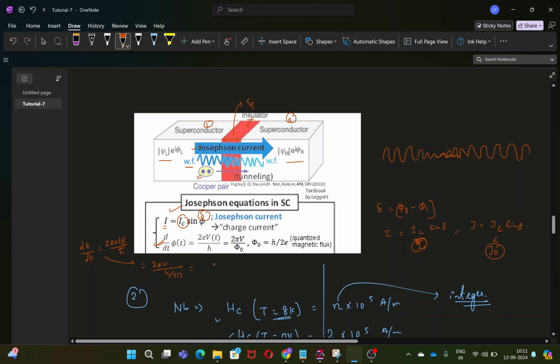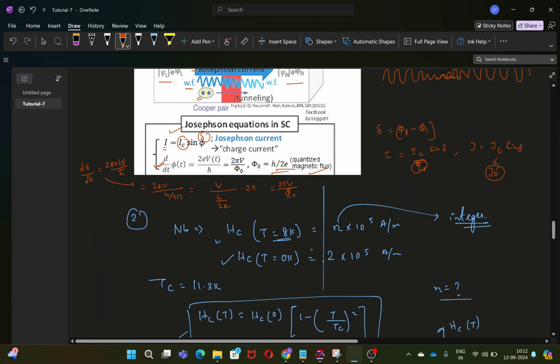So this is basically V by h by 2e into 2 pi. So I have taken the 2 pi on top and taken the 2e below h. So you know that your h by 2e is nothing but the flux quantum. So it is just 2 pi V by phi naught, where phi naught is equal to h by 2e, which is the quantized magnetic flux. Okay. So this is done.